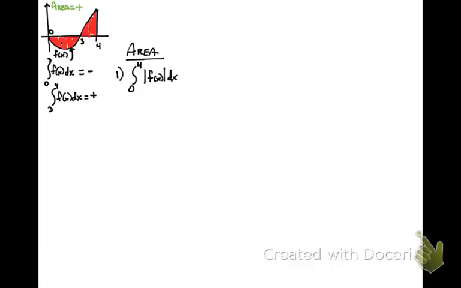dx. Because if I take the absolute value of it, what that would mean graphically is now my curve will look roughly something like this, right? From 0 to 3, its absolute value would be positive.